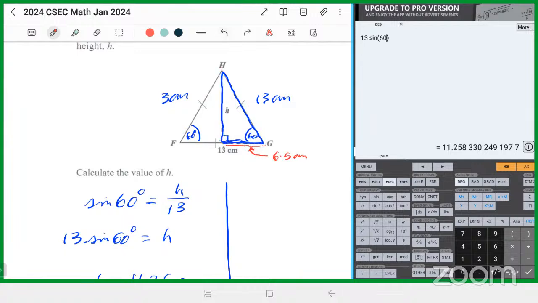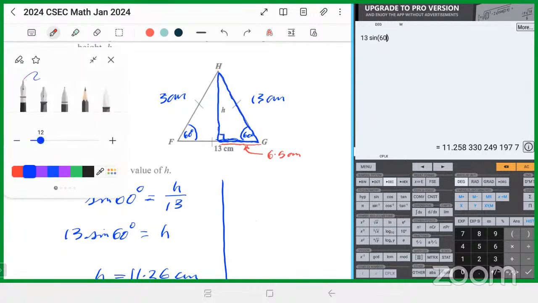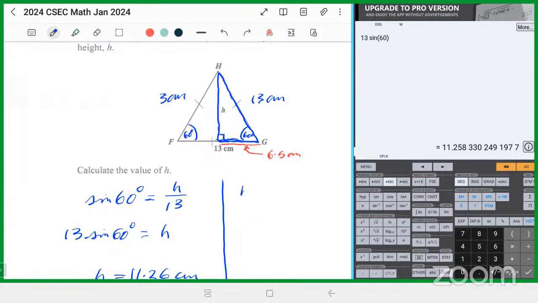All right. And it would have been that, doing it another way, the h squared plus the 6.5 squared would have been equal to the 13 squared. 13 is the hypotenuse. It's Pythagoras' theorem. And so if we transpose and then square root, then the h would have been the square root of 13 squared minus 6.5 squared.